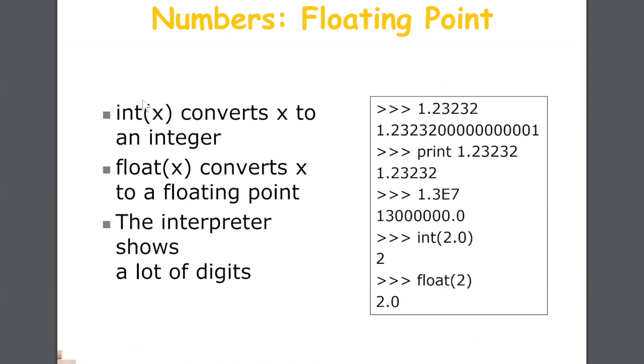So here are some basic functions that we can do to convert between floats and integers. So int of x, as you can see here, converts 2.0, which is a float, which is also known as a decimal, basically, into an integer, which is 2. And then float of x converts an integer into the decimal form, so 2.0.